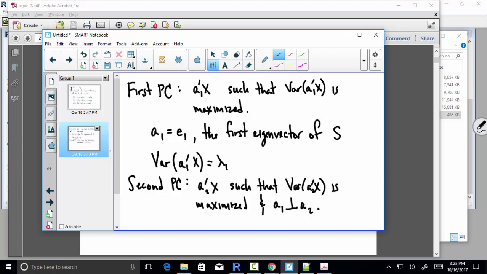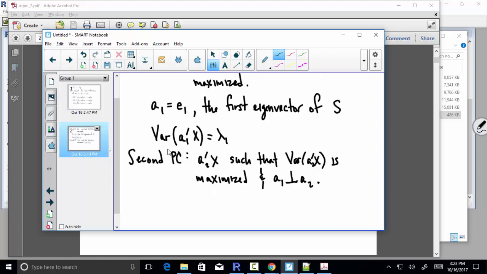Having said that, if we look in a totally different direction from that, the next best is the second principal component, which uses the second eigenvector. So the solution here is A2 equals E2. And again, the variance is the corresponding eigenvalue.